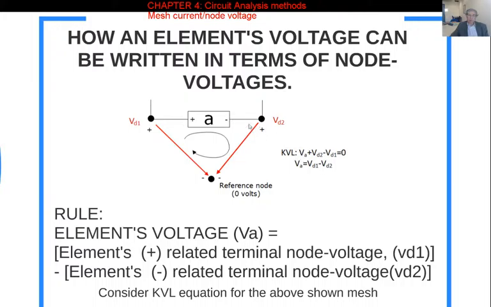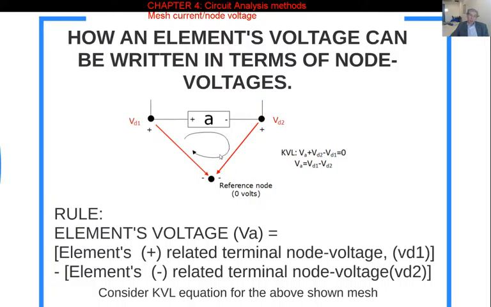If you consider this node voltage, assume that there is an element here of which voltage is VD2, that is the node voltage. This element's current direction is from up to down.